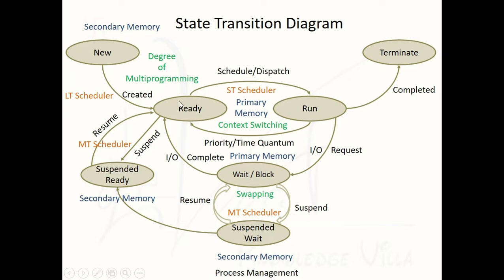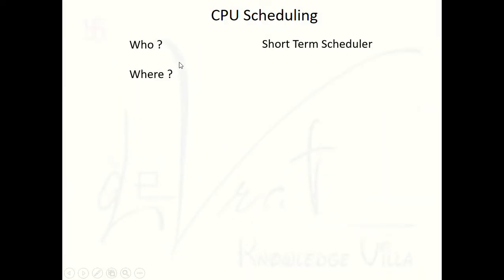But when a process is scheduled and arrives into the run state, at that time the process is getting the CPU. So the answer to this question, where CPU scheduling occurs, is when processes are moving from the ready state to the run state.